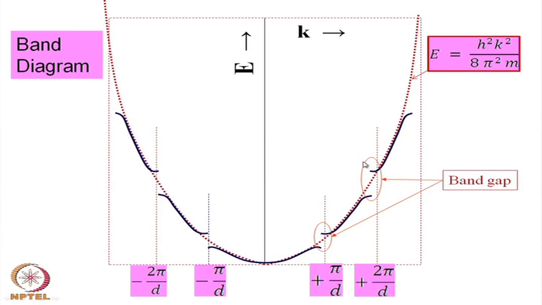It is a little difficult to visualize the exact shape of these zones, but basically they are 3 dimensional cuboid kind of pictures, and it depends on what kind of crystallographic relationship it has.